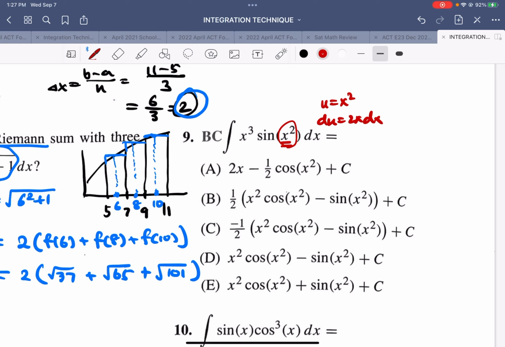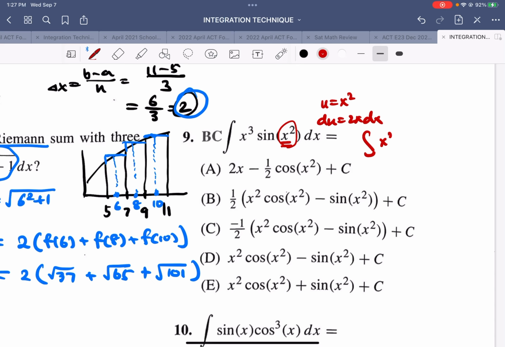Okay. So then what happened here is the integral, I can change into x cubed.